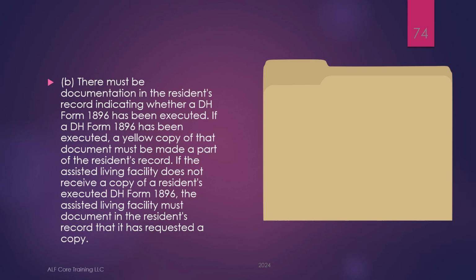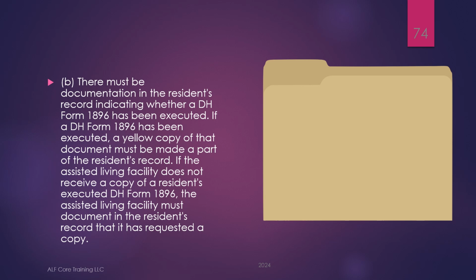There must be documentation in the resident's record indicating whether a DH Form 1896 has been executed. If a DH Form 1896 has been executed, a yellow copy of that document must be made a part of the resident's record.